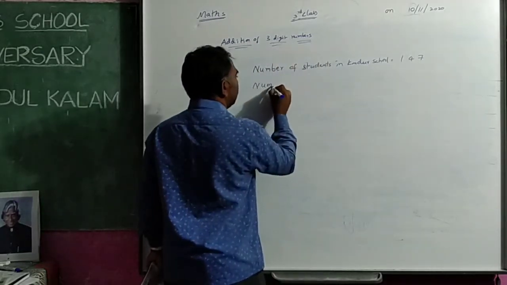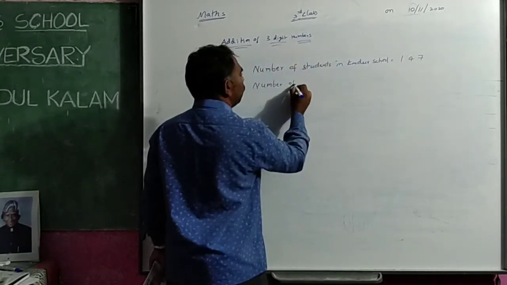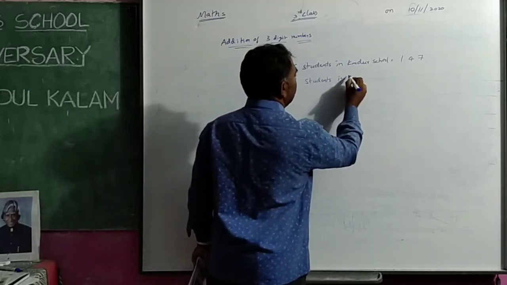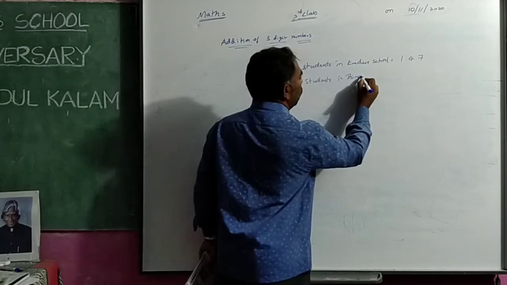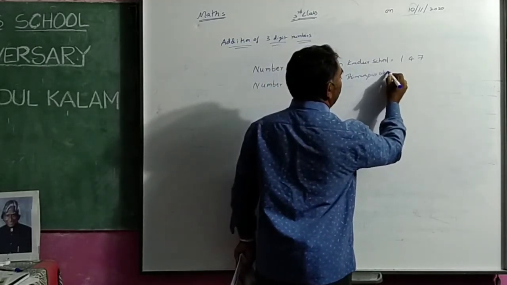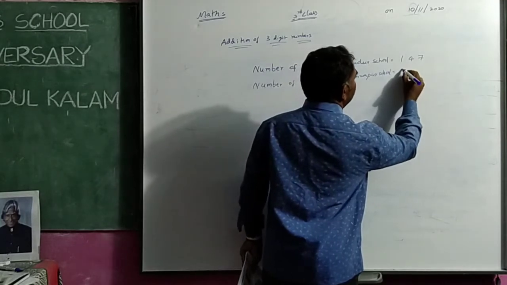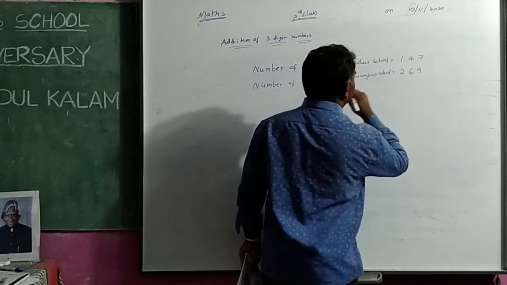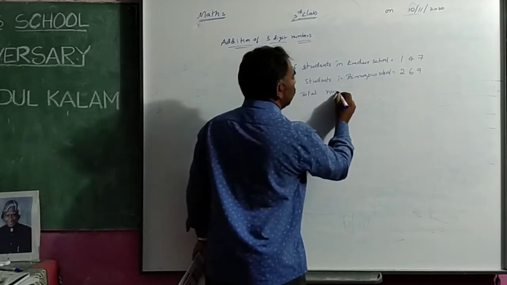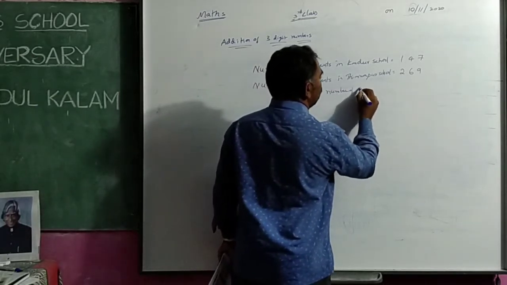Same like that, number of students in Timmapur school. How many students are there in Timmapur school? 269. Now we are going to find total number of students.